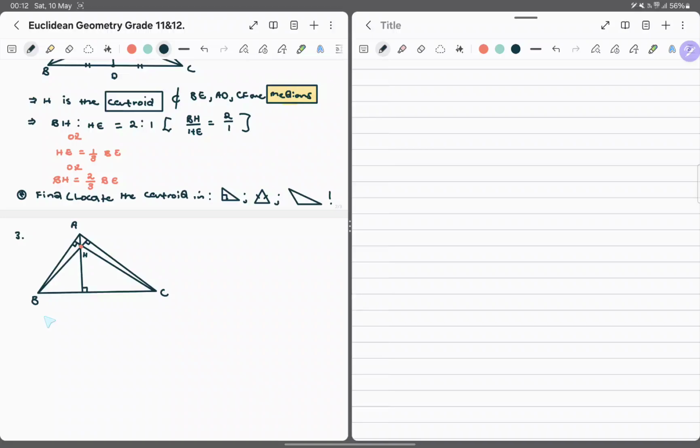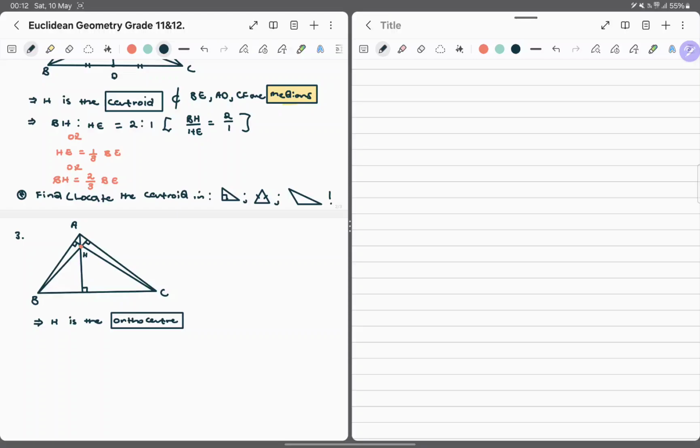We only care about its perpendicular relationship. So we can appreciate that, well, if this triangle has those altitudes that are concurrent about point H, we know that point H is the orthocenter.